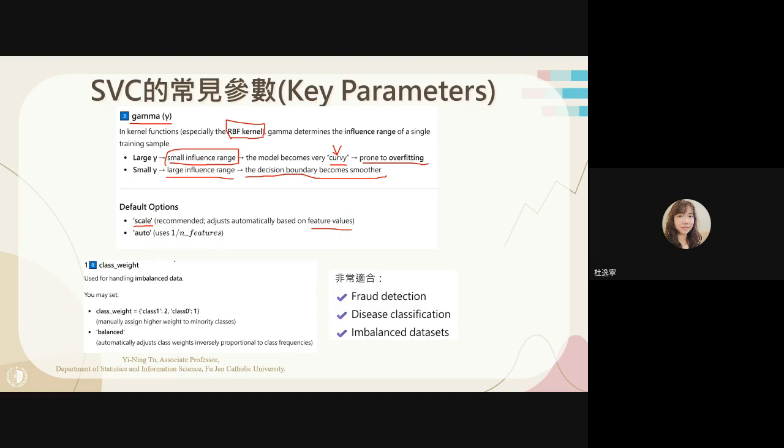This also has class weight, used for handling imbalanced data. For SVC, SVM, we worry about imbalanced data. 在没有抽样之前，我们担心这个。You may set class weight. For example, class 1 we give double weight, class 0 we give weight 1. Also, you can manually assign higher weight to the minority class.